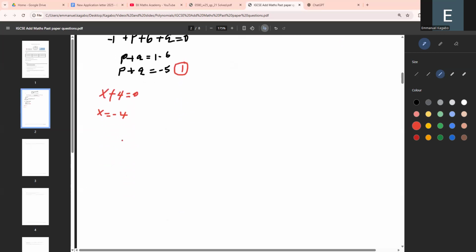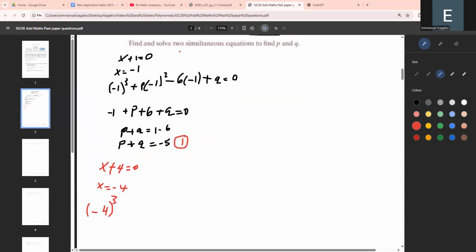When I substitute there, I'll get (-4)^3, I'm substituting in this question, guys, plus p(-4)^2, minus 6(-4), then plus q, and this should give me 0 because they said it's exactly divisible.